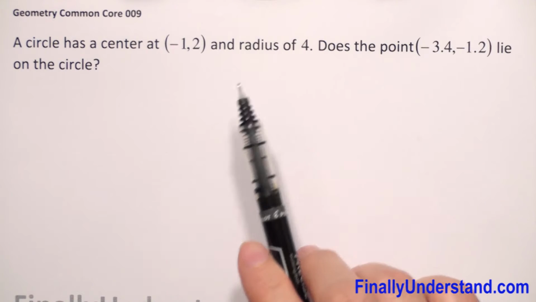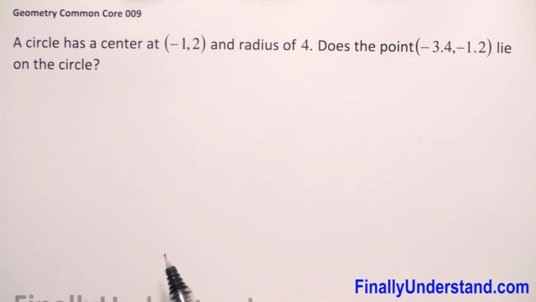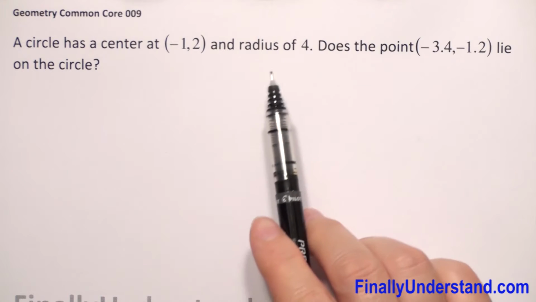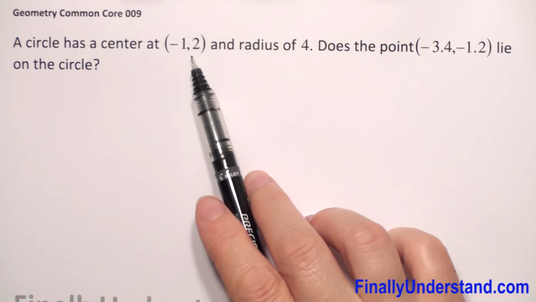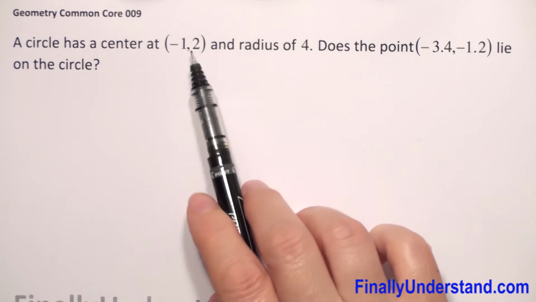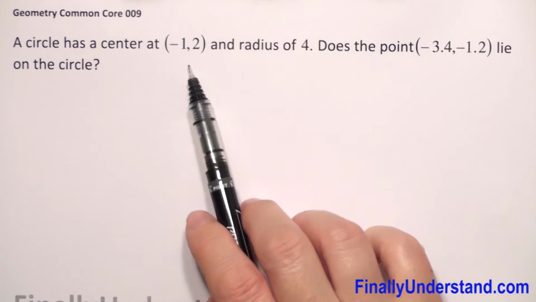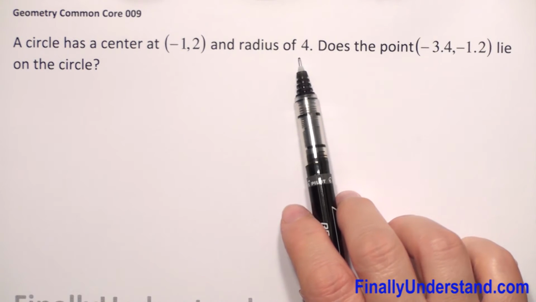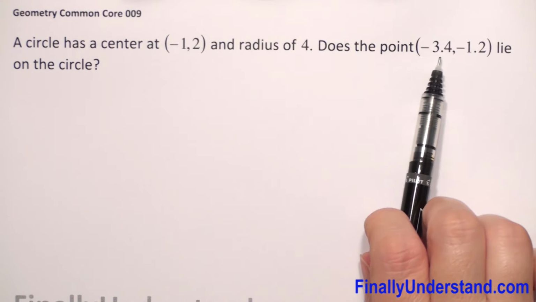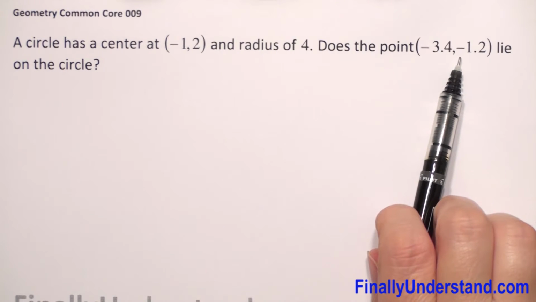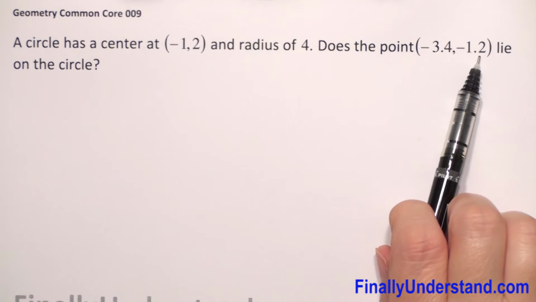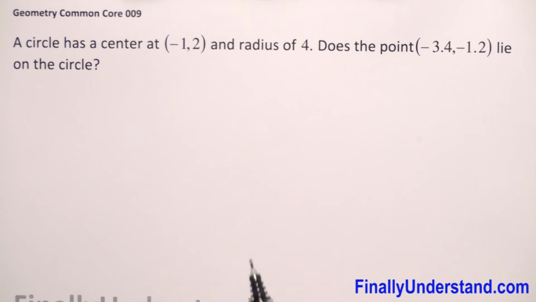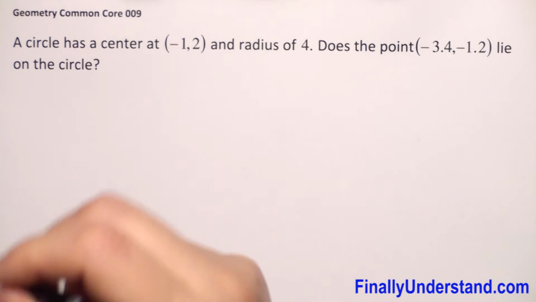So we will use the distance formula to find the distance between these two points. If this distance is 4 units, it means that the point (-3.4, -1.2) lies on the circle. So let me remind you of the formula.